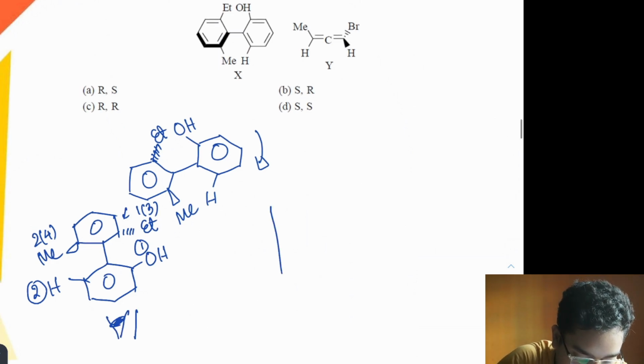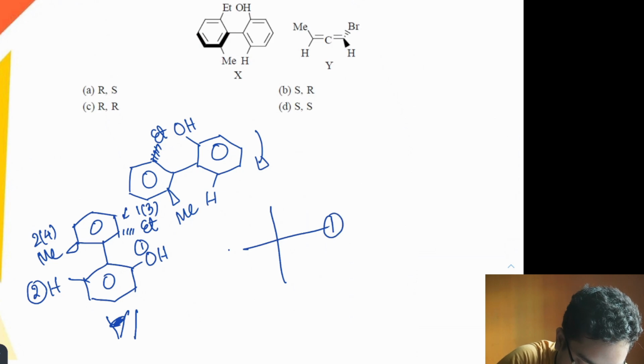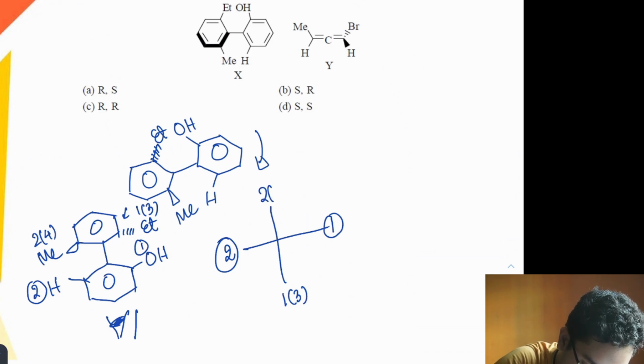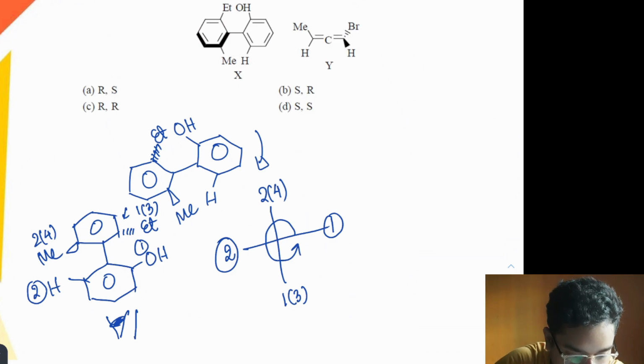Now we are numbering 1, 2, 1, 3, 2, 4, and our angle of viewing is something like this. So if we put here 1, 2, this particular group should be down. Okay. So now 1, 2, 3 is anti-clockwise in nature. That means it is S.